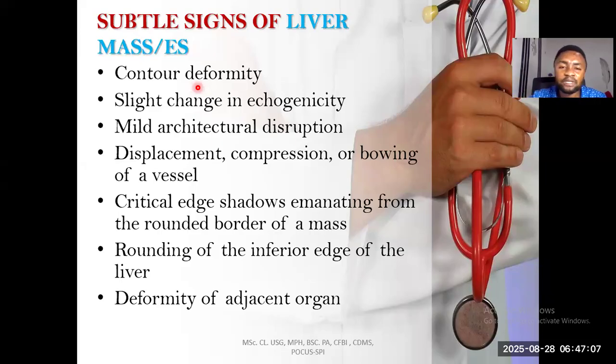Subtle signs means that the signs are not that strong to see that this is a tumor, but you have to develop your sonographic eyes to see that even though it is subtle, this is a mass, because there are other things you have to check. So the subtle signs are contour deformity.